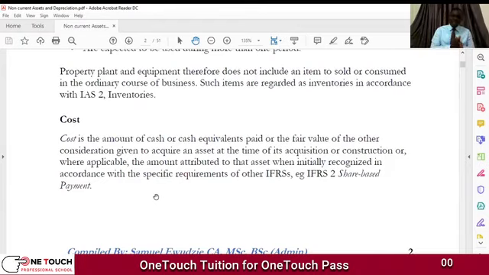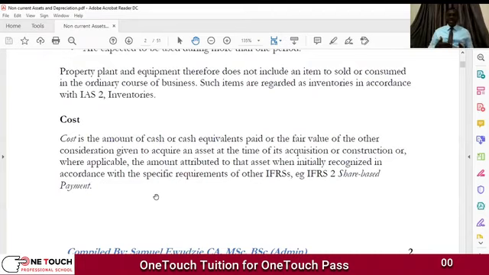So when we talk about cost of an asset, we're looking at the amount of cash or cash equivalent paid or the fair value of other consideration given to acquire an asset at the time of its acquisition or what? Construction. Okay, so once, for example, a business makes up its mind to go and acquire an asset, either they are going to pay cash, or they may do some form of payment in kind.